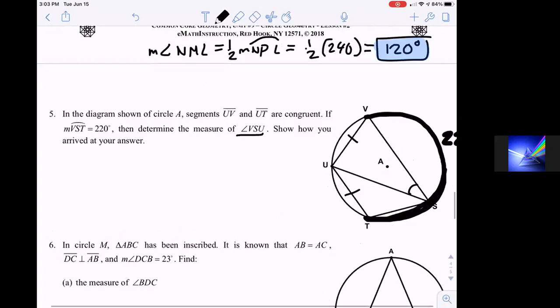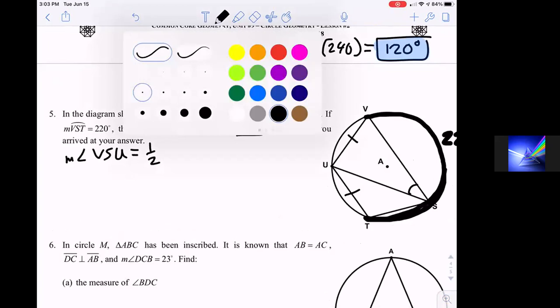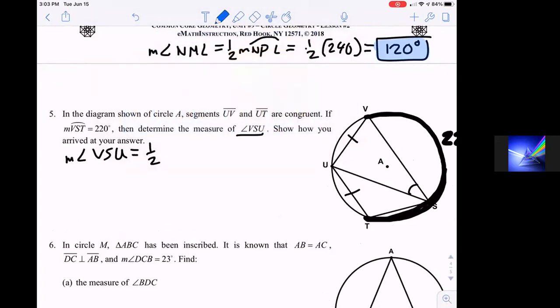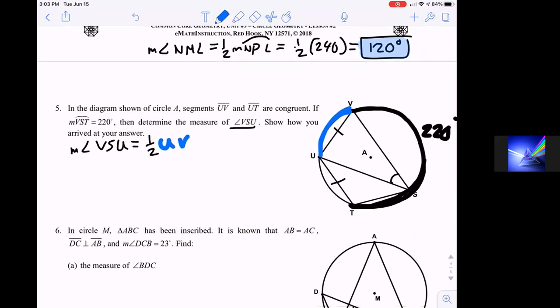Here's what we need to know. That's an inscribed angle, and the measure of angle VSU is half of the arc that it intercepts. And guys, it intercepts this arc right here that I'm coloring in blue, VU or UV, whichever. So we need to find the blue arc. Well, here's what we know.